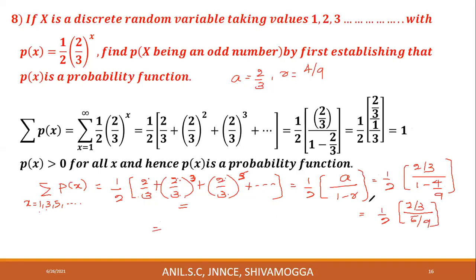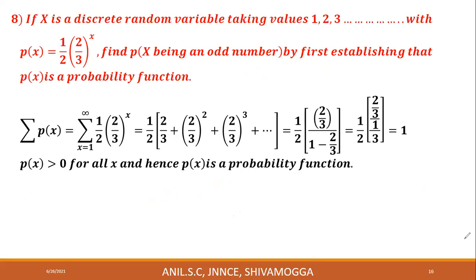Cancel this 2 with this 2. We get 1 by 3 in the numerator, and as this 5 by 9 comes to the denominator, that will be 9 by 5. Therefore, this is equal to 3 by 5. You make a note of this.